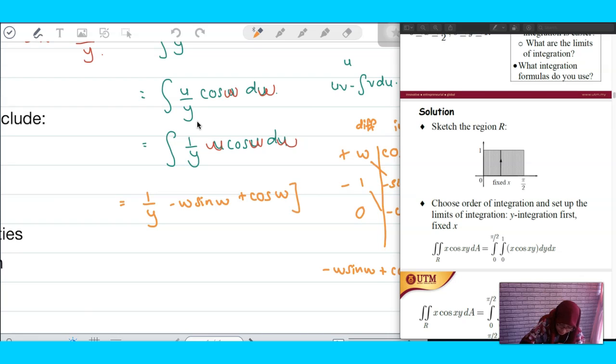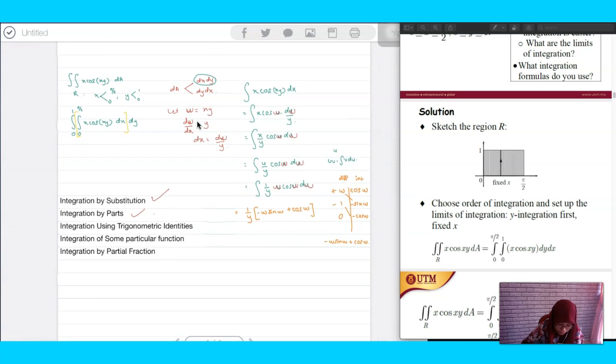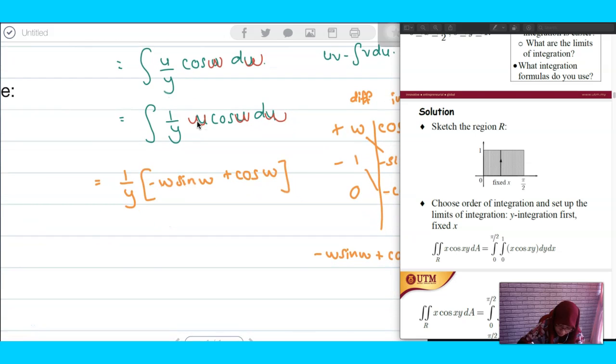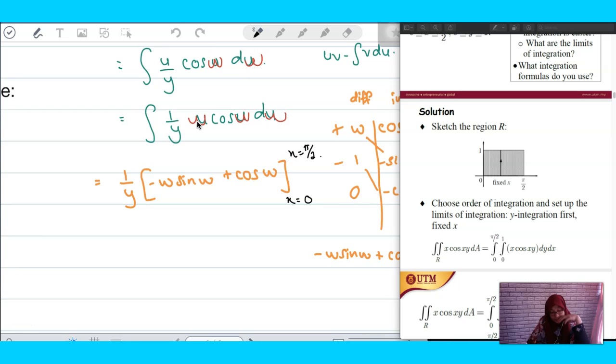And then you have to put the limit, but your limit there belongs to x from 0 to pi over 2. So in this case, this one belongs to x equal to 0 to x equal to pi over 2.